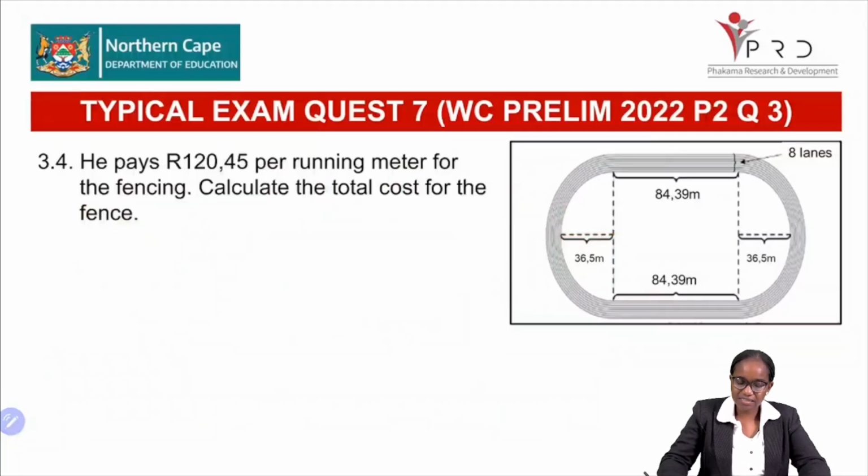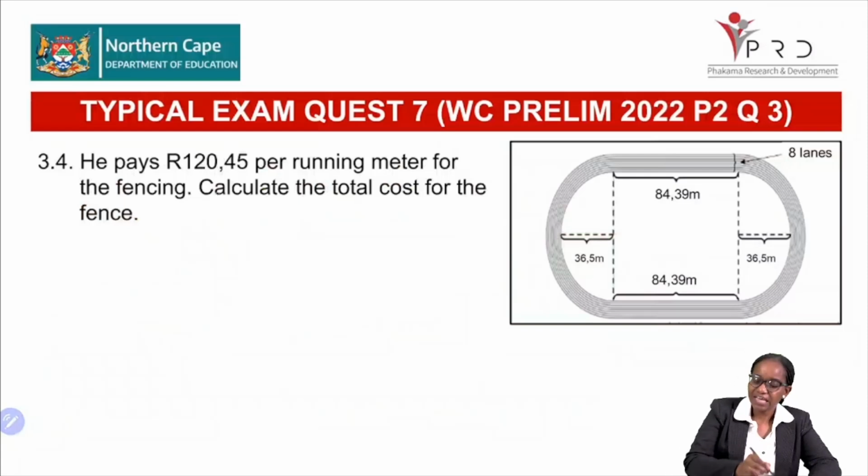He pays 120 Rand 45 per running meter for the fencing. Calculate the total cost for the fence. Remember, we need 490,897 meters, and each meter is 120 Rand 45. So to get the total cost, we'll have to multiply the total perimeter of the fence times the cost.